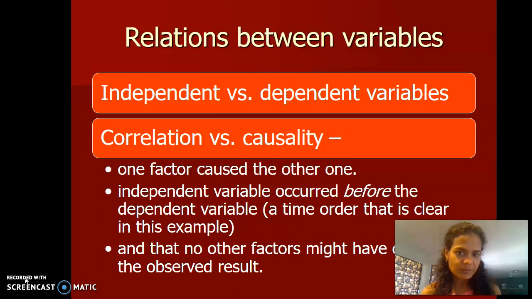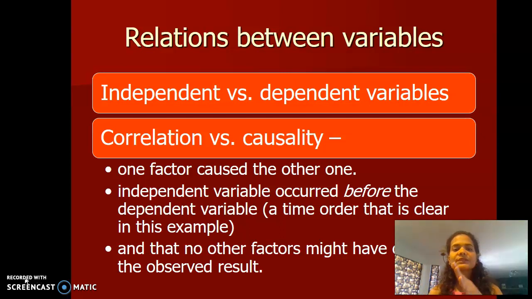So essentially, we are talking about a causal link between two variables, where the independent variable is causing changes in the dependent variable. For causality to be established, your first requirement would be correlation. But correlation is not sufficient. Correlation is simply one of the conditions for causality to happen. When two variables are correlated, it simply means that they are changing together.